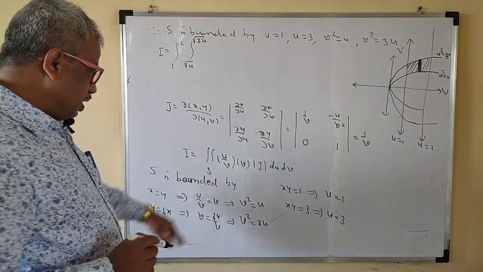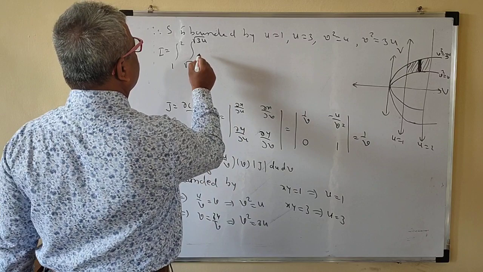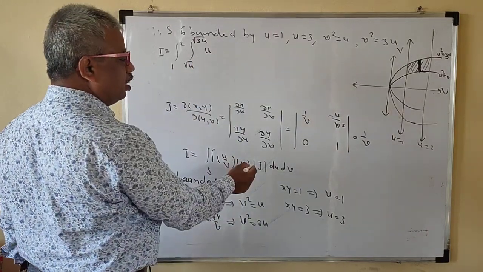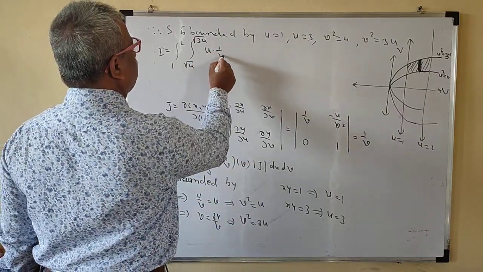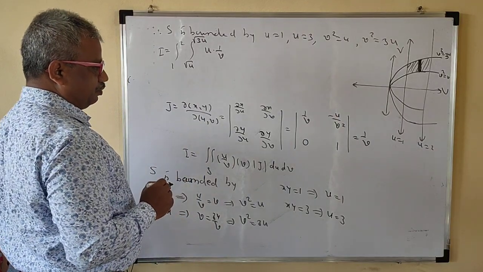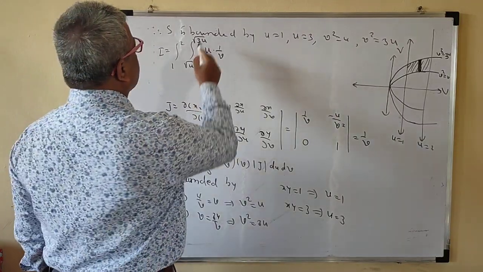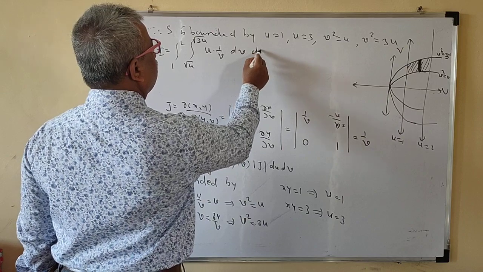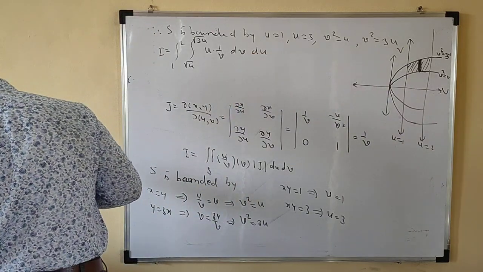Okay. Now what is this integration? This is u, this is u, cancel. What is your Jacobian? It is 1 upon v. So these are the limits, dv du.